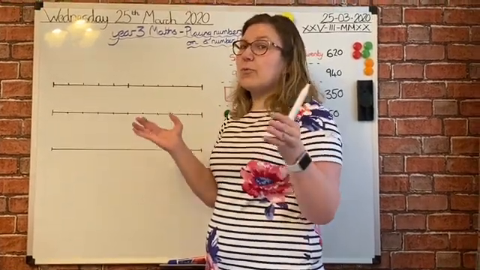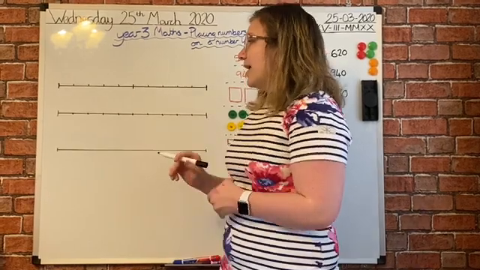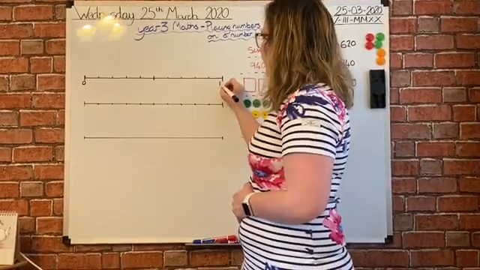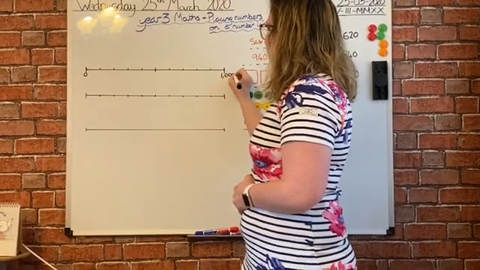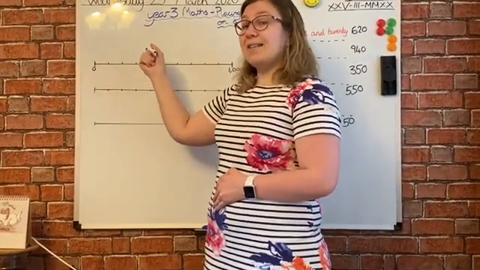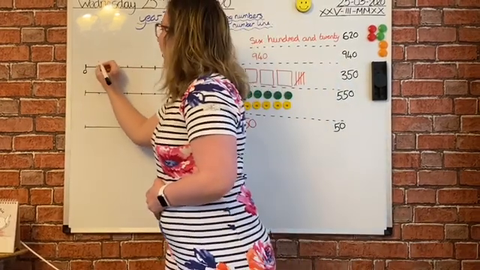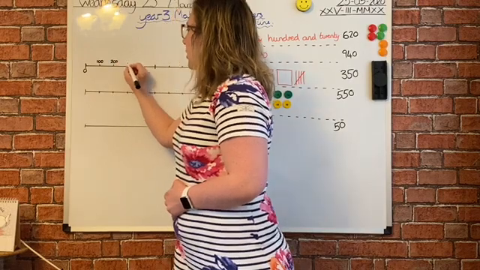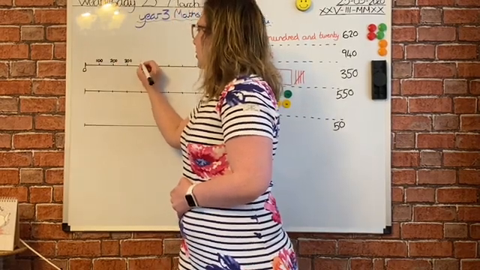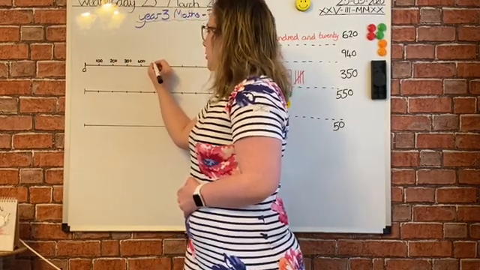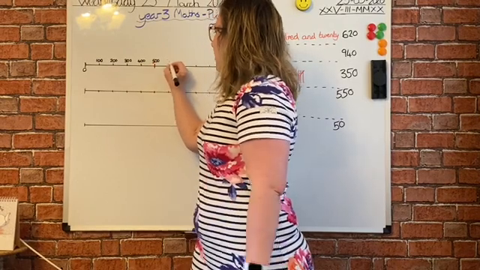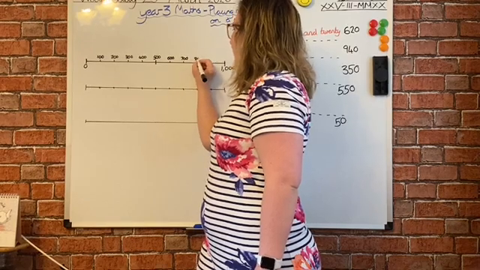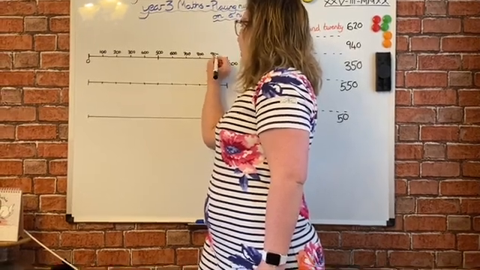If you can, draw it 20 squares long. That just gives you a bit more space to work, and that means that if I start at 0 and go up to 1000, if you mark every 2 squares a step on your number line, we will have 100, 200, 300, 400, 500, 600, 700, 800 and 900.